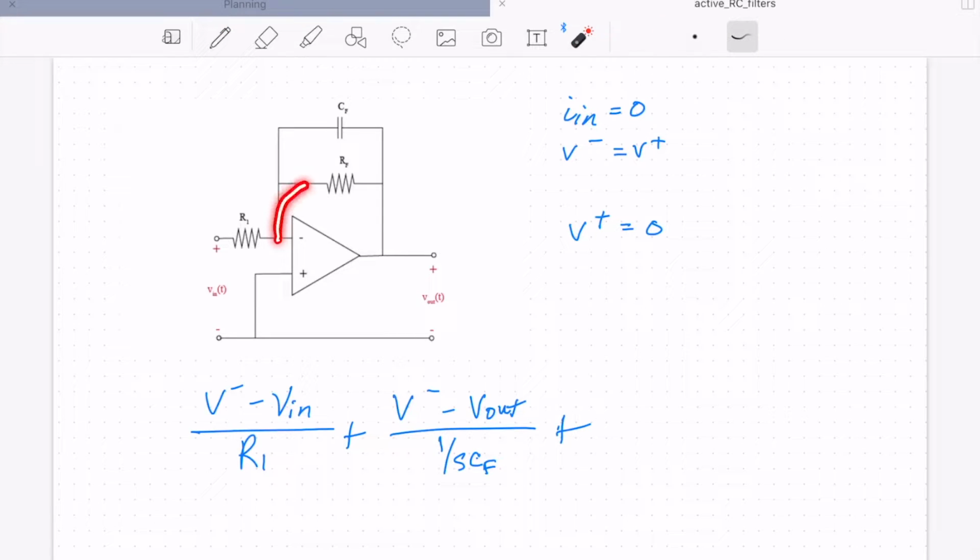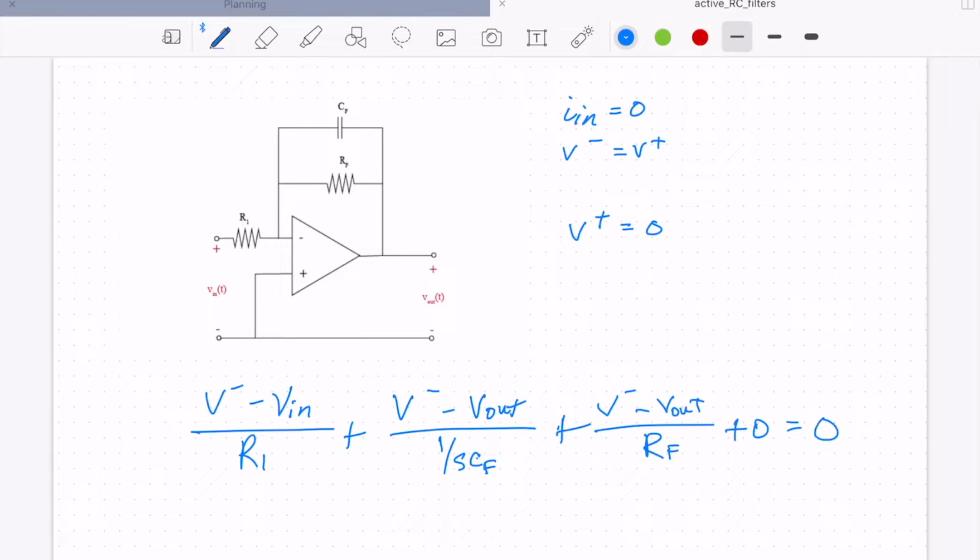And then we have a current going through here, which is V minus V out over RF. And just to be clear, we also have a current here, but that current we know is 0, because IN is 0. For now, I'm going to write it in just so you remember it's there. After you get more experience, you will probably leave that out altogether.